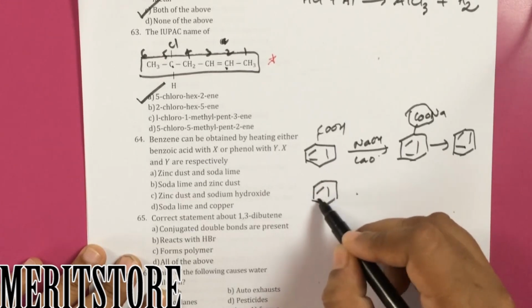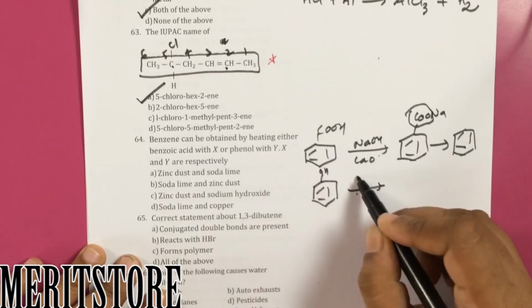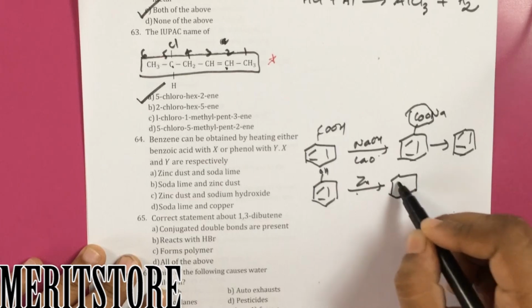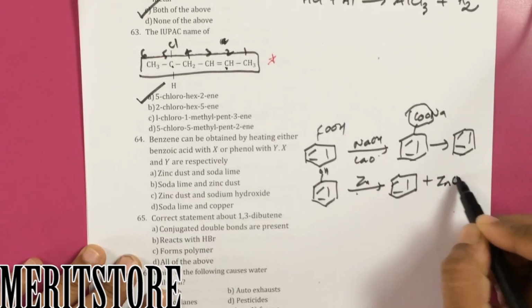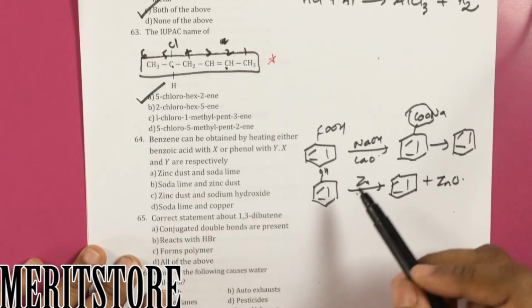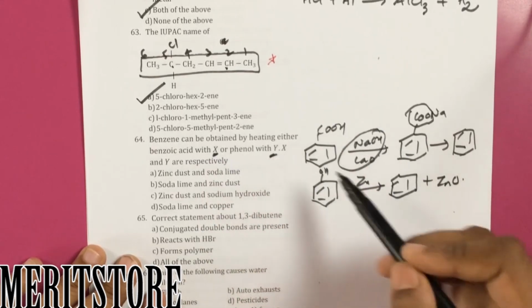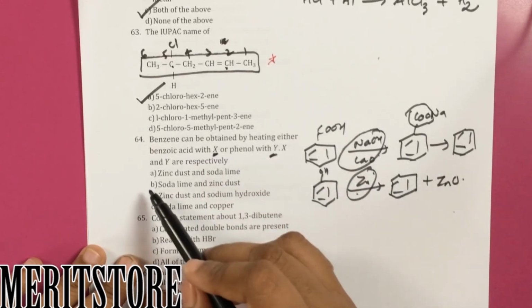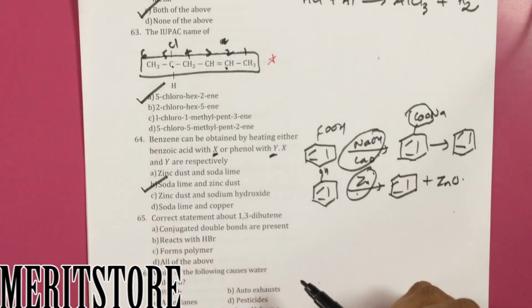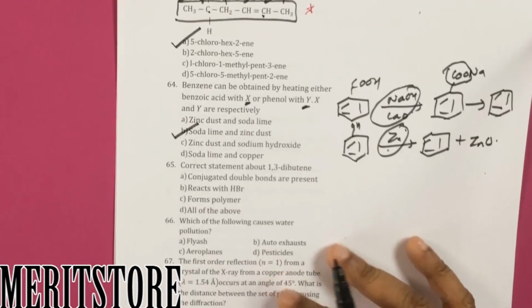Also it can be obtained from phenol by reduction with zinc to give benzene, where zinc itself gets oxidized to ZnO. Therefore, the X reagent is soda lime and the Y reagent is zinc dust. Therefore, option B.